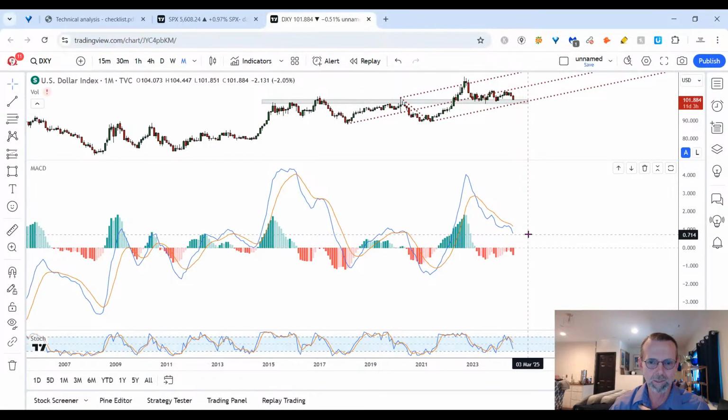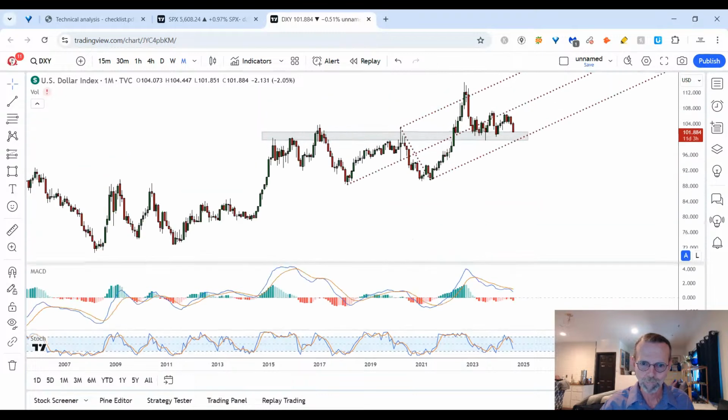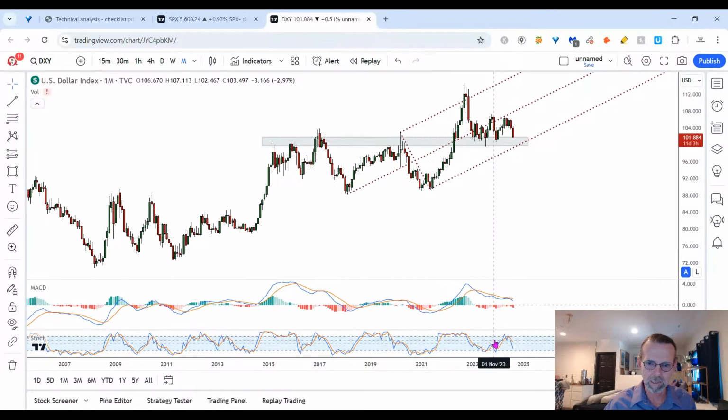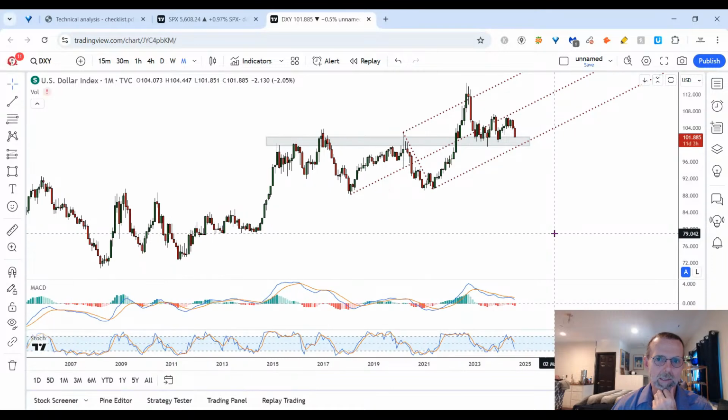Currently on a sell signal, and the histogram suggesting that momentum is increasing to the downside because of these dark red bars that are getting bigger, not smaller. And then stochastics is my measurement of energy, and we can see that energy has declined substantially and is headed down to the low level. So not a lot of energy in the dollar in the monthly time frame.